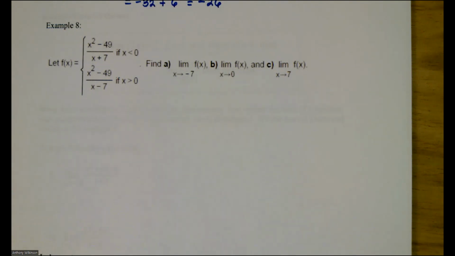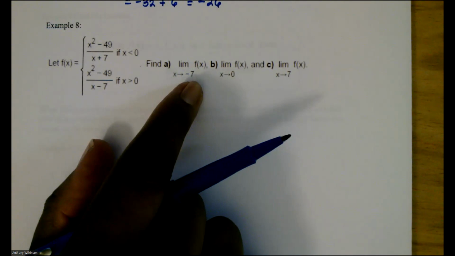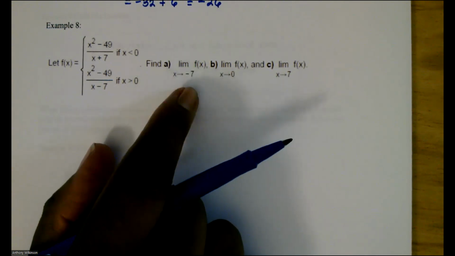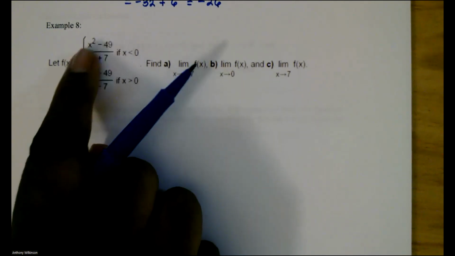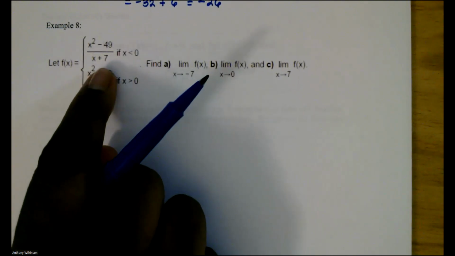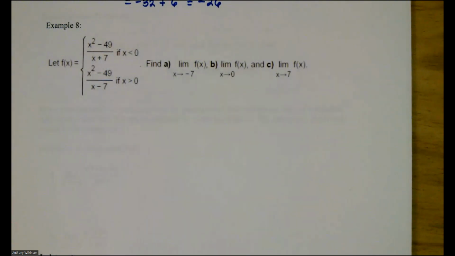All right, if we were to use direct substitution, let's say in part A, we got x approaching negative 7 for our limit. If we were to simplify the numerator and simplify the denominator, you would get 0 over 0.